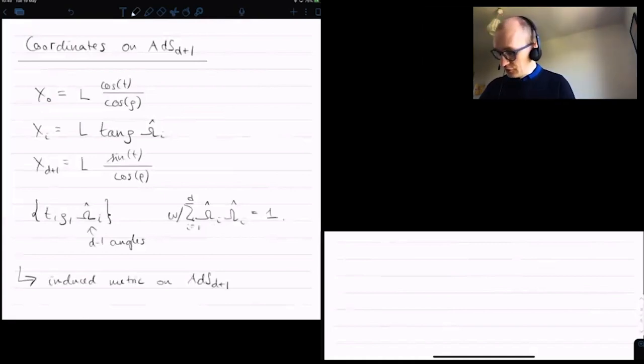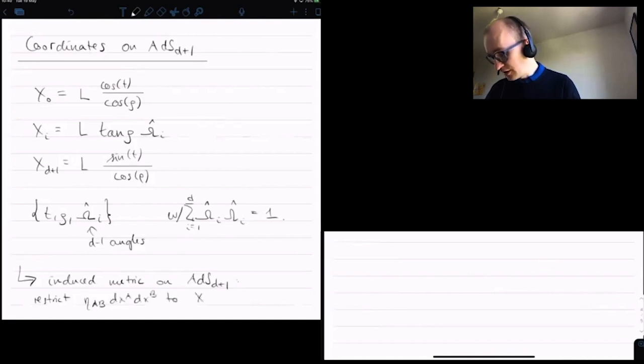So the point is, induced metric means that you restrict the flat metric, which was eta AB dx^A dx^B, to this pseudosphere x^A x_A equals minus L squared. So for example, in practice, you will have to do things like dx0.